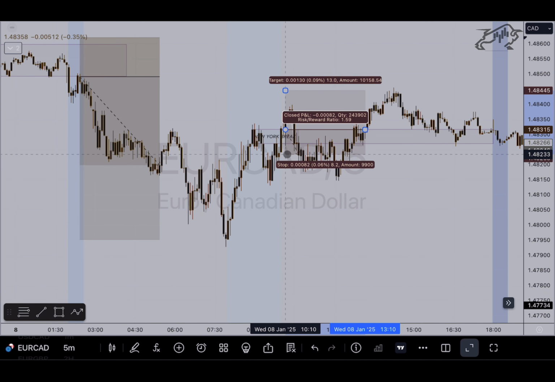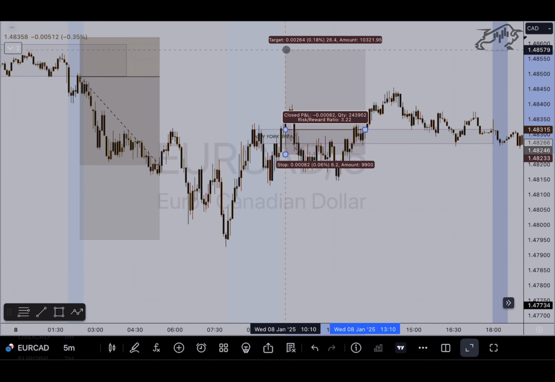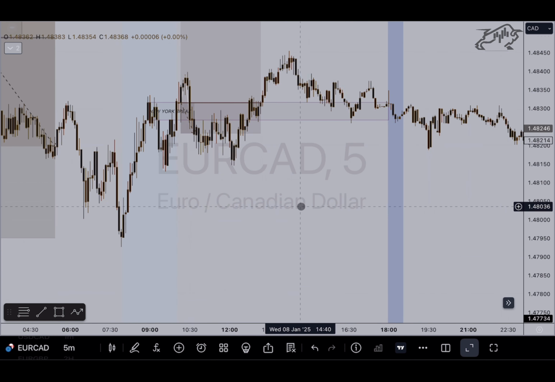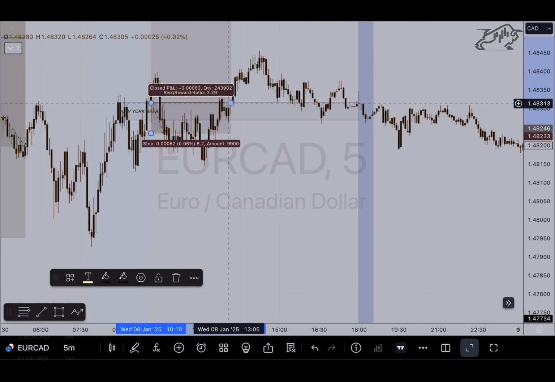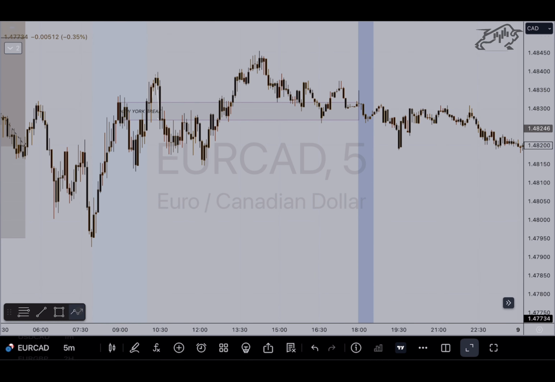So if we are waiting, we are getting stopped, and applying the system properly, we are getting stopped on this trade, and we are also getting stopped on this trade.